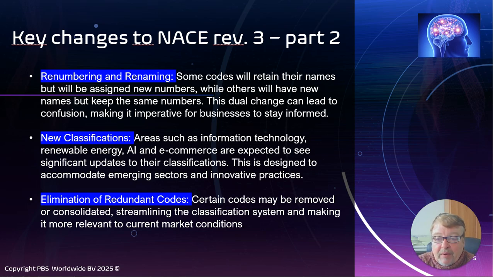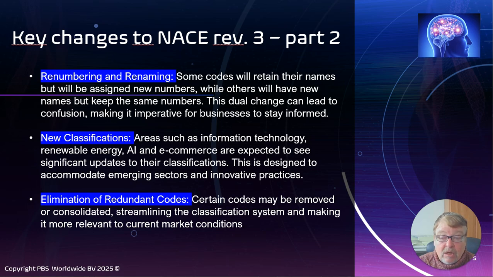One is renumbering and renaming. Some codes will retain their names but will be assigned new numbers, while others will have new names but keep the same numbers. So this is a dual change, which can lead to some confusion. Also, there are new classifications. Areas such as information technology, renewable energy, AI, and e-commerce are expected to see significant updates to their classifications.